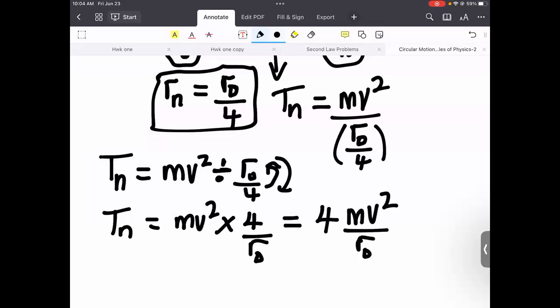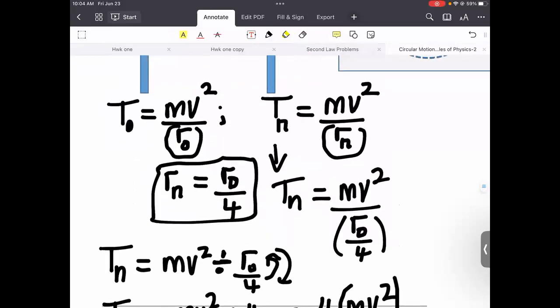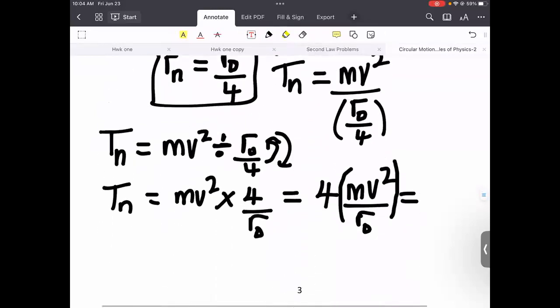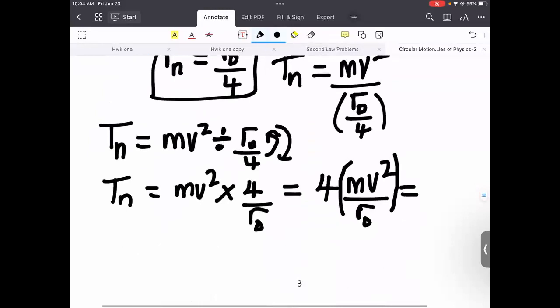All right, and notice that this quantity here represents the original tension. If you remember, the original tension was written like here. So we can rewrite this as 4 times the original tension.